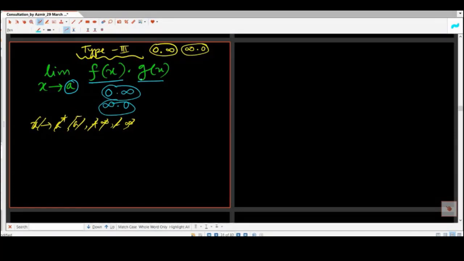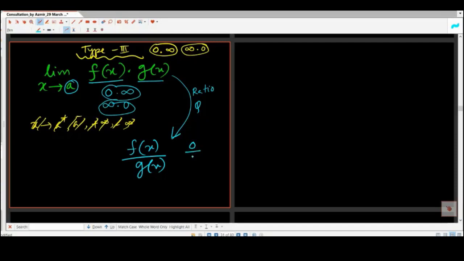So infinity times 0 or 0 times infinity, this is the third type, which is known as another indeterminate form. If we have 0 times infinity, we can't apply L'Hopital's rule directly. So in that case, we have to convert f of x times g of x into f of x over g of x form. We have to write this product form as a quotient or ratio form, so that we have f of x over g of x.